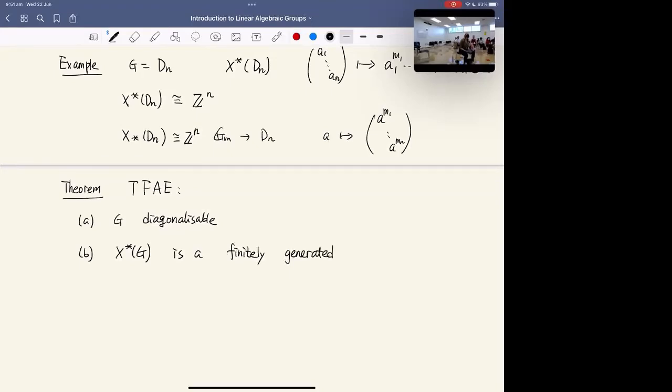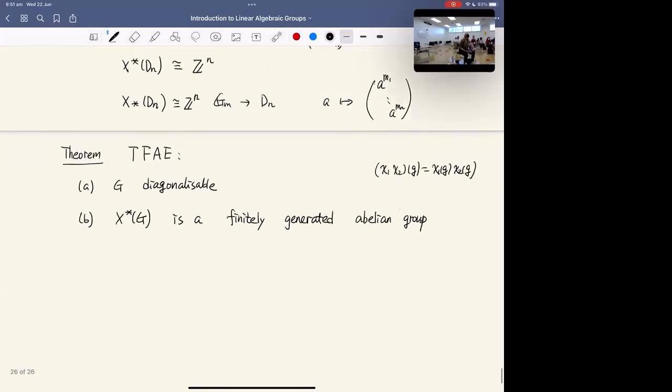And what kind of group is it? It's an abelian group, right? By definition, the group structure is just chi1 chi2 of g equals chi1 of g times chi2 of g. Because it's landed in Gm, it's an abelian group.